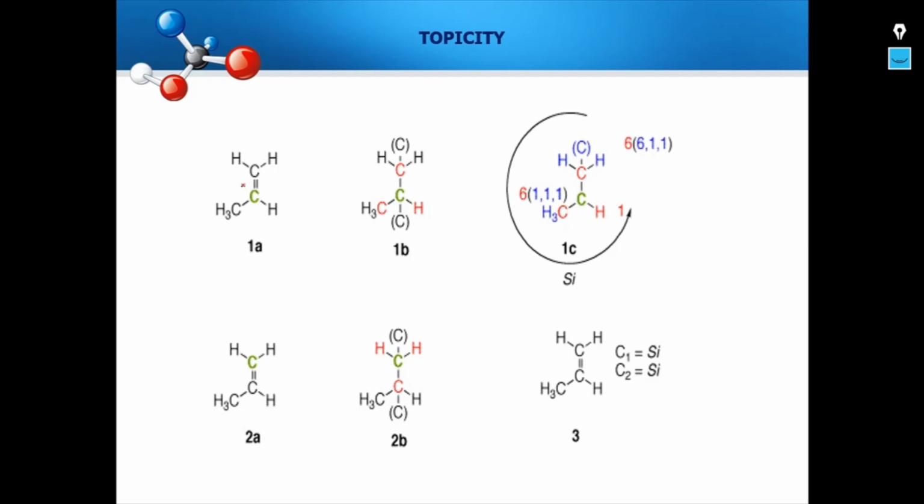Now let us consider C2 in the face of propene shown here in 1A. Its three attached atoms or ligands are C, C and H. Now, how does one distinguish between the two carbons? Using the CIP rule.